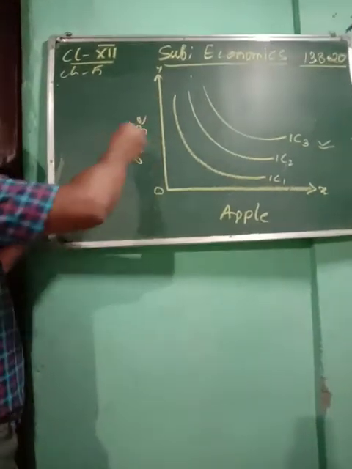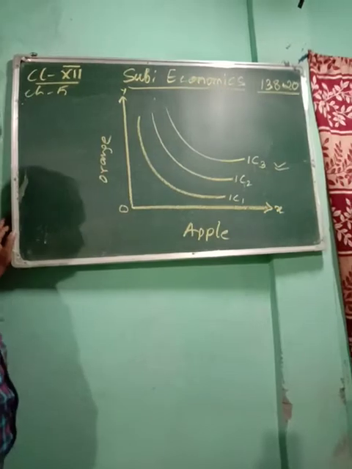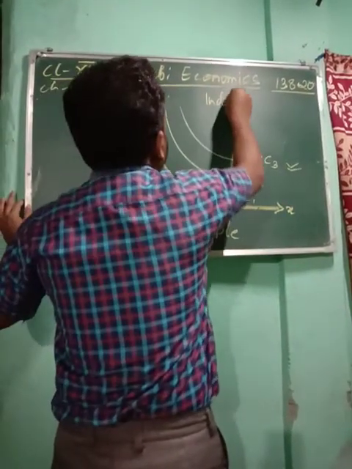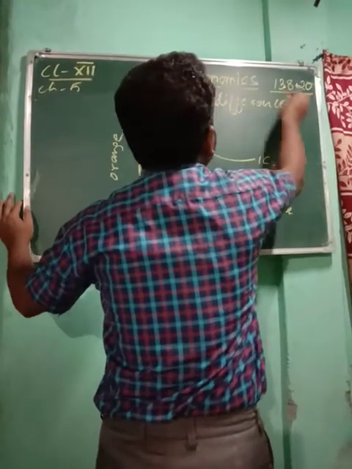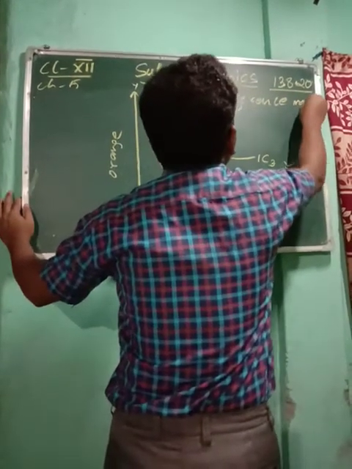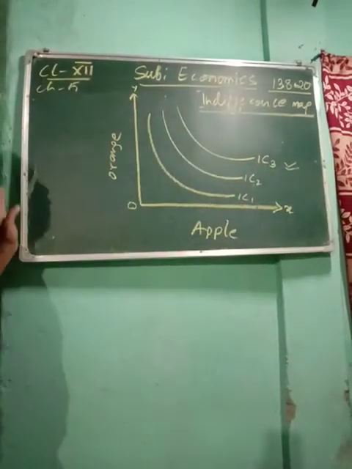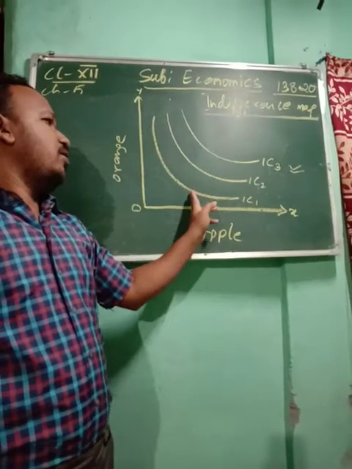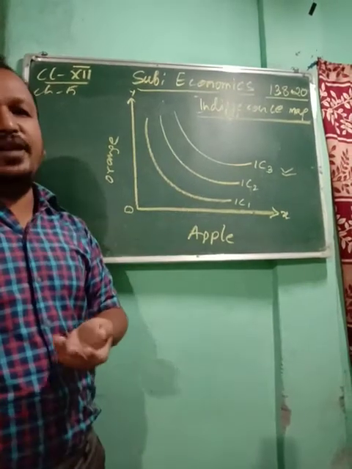This is your indifference map. In an indifference map you will represent different levels of indifference curves. These different levels of indifference curves will give you different levels of satisfaction.